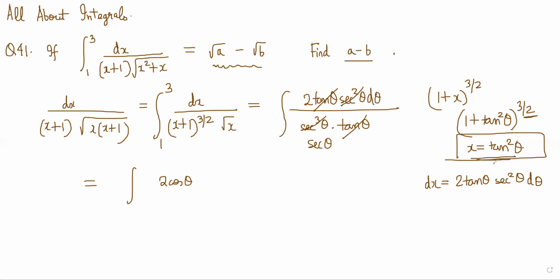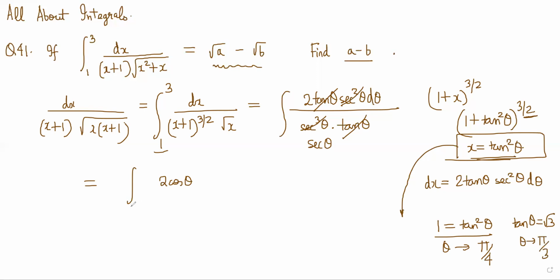Now, you have to change the limits of the integral also, because limits were for x, and now you have changed the variable to theta. So I will change the limits: when x is 1, tan square theta is 1, so theta must be pi by 4. And when x is 3, then tan theta must be equal to root 3, so that is pi by 3.